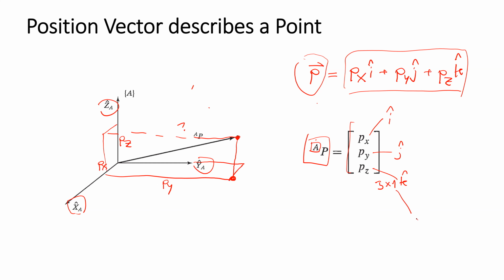If a matrix has 1 column, it is a vector. And this is a position. It's nothing complicated to compose a matrix for a position.